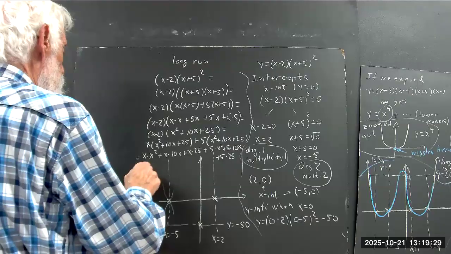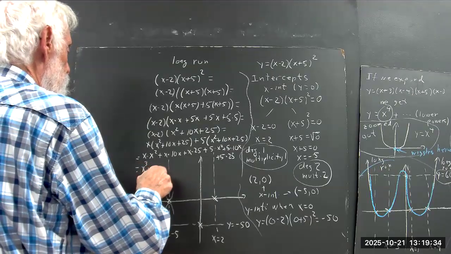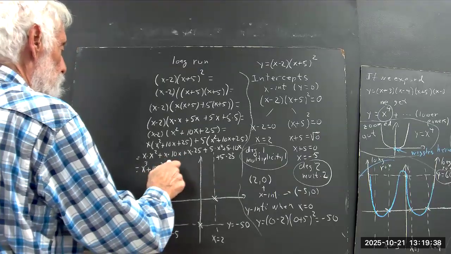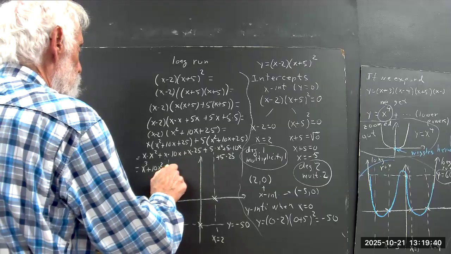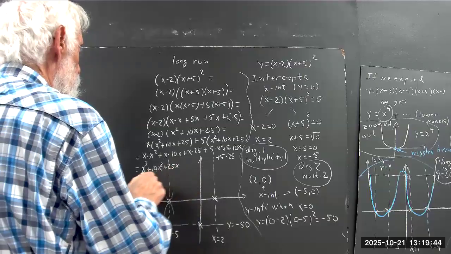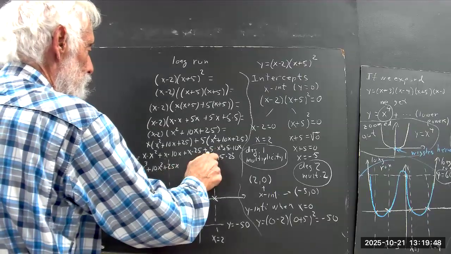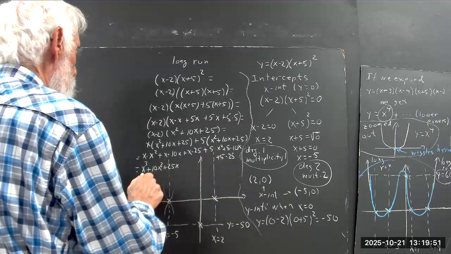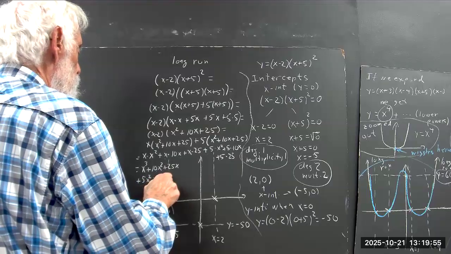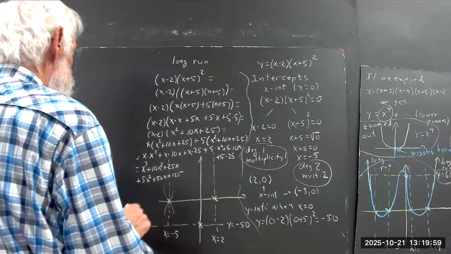Actually, I don't need that much. But that comes out x³. Okay, I'll write it. x times 10x is 10x². x times 25 is 25x. Plus, write these in a second line, 5x² plus 50x plus 125.